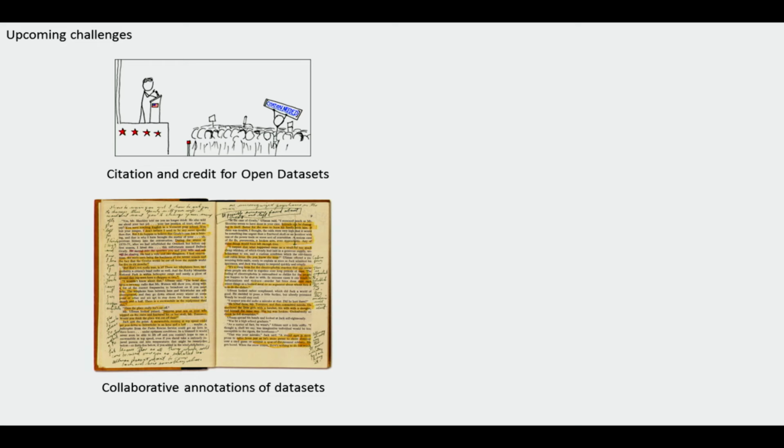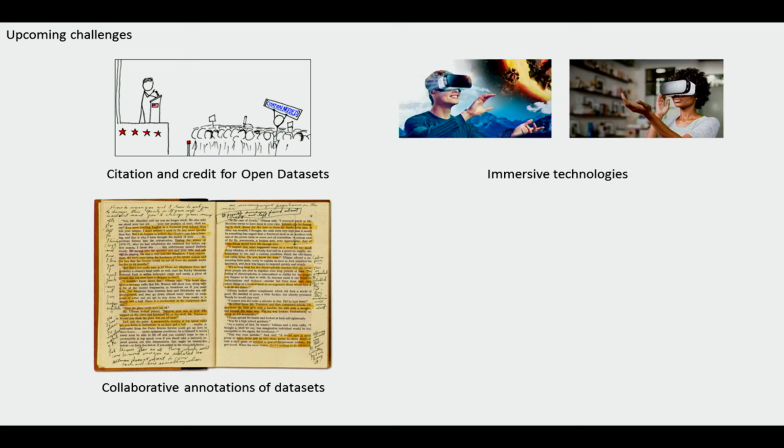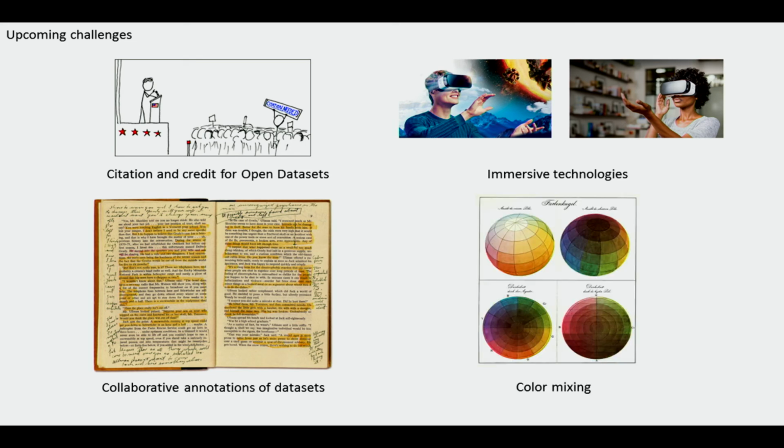Another aspect is can we have it in a collaborative way, like Wikipedia, where people can tag the data set so that each one can teach someone else about the data set. A project we just started is to transfer these 3D images into a VR headset. And finally, the question of colors. So the talk before just said that colors are important to engage people, and it's the case also when you have hundreds of colors mixed together.